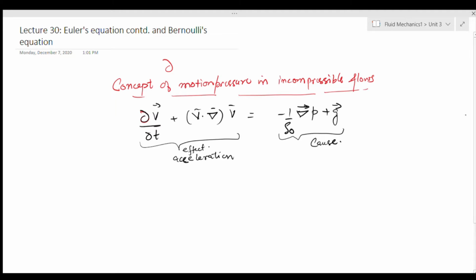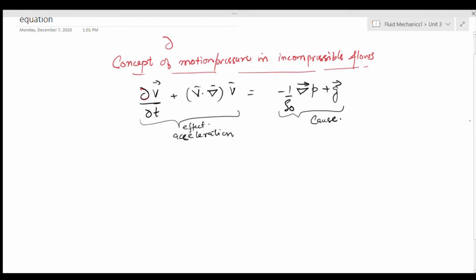The concept of motion pressure is nothing but what we are trying to do is to eliminate this effect of gravity and include that into pressure. What we are trying to find here is what is that pressure because of which we are going to get this acceleration, the total amount of pressure.